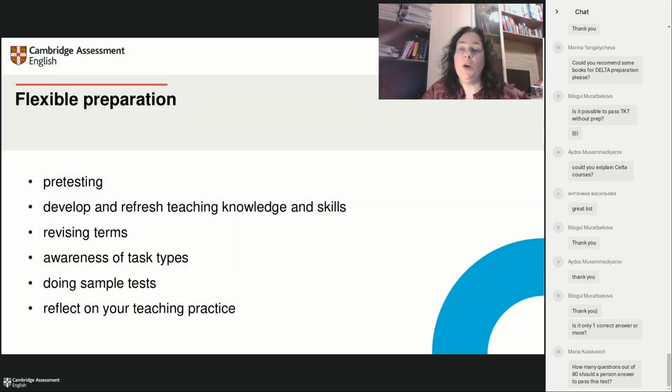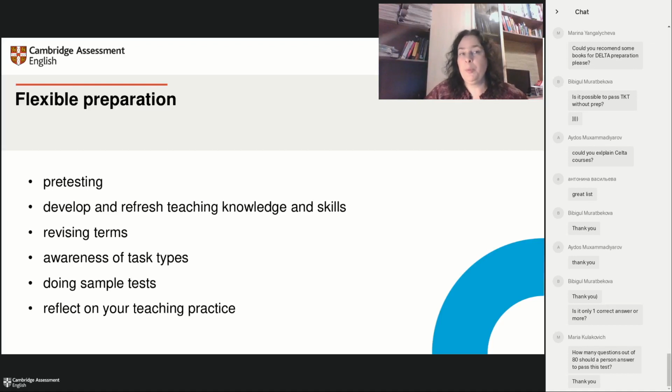Of course, TKT is a very flexible tool for assessing your teaching knowledge. First of all, you don't need to take a course or read any books, and spend a lot of time to prepare.